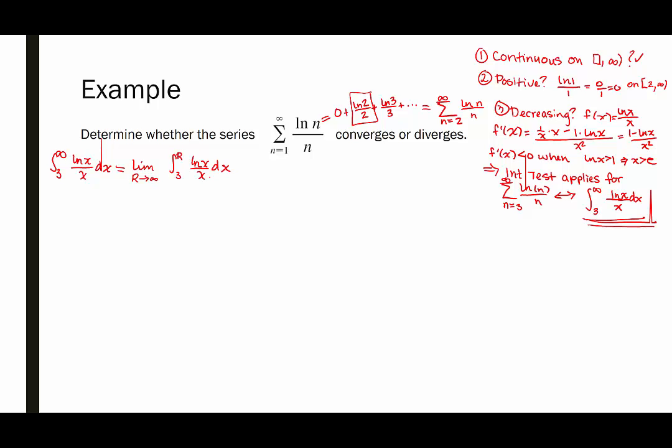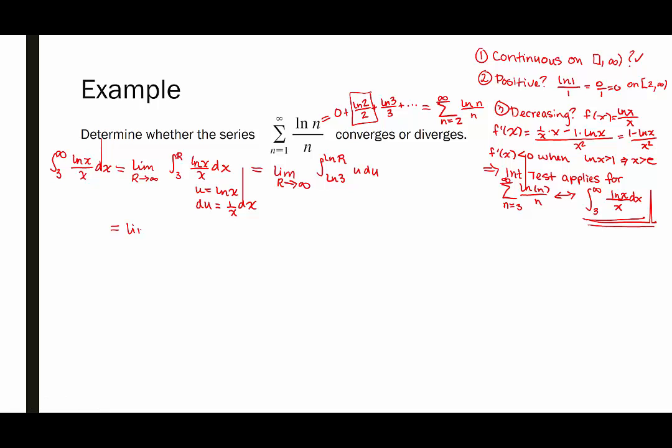This is a good candidate for a u substitution. If I let u be the natural logarithm of x, then du is 1 over x dx. Therefore, I can change variables, and I have the limit as r approaches infinity of the integral from the natural logarithm of 3 to the natural logarithm of r of u du.